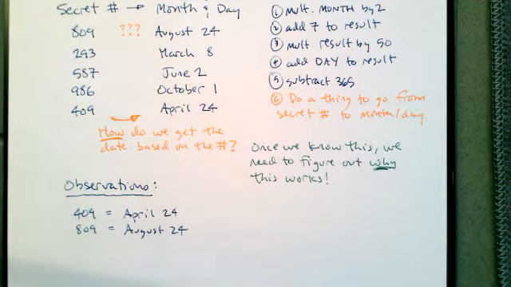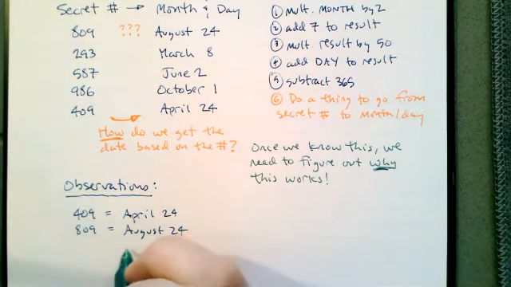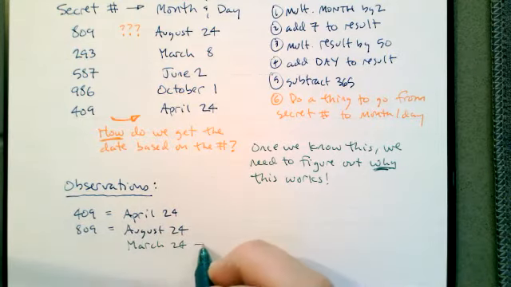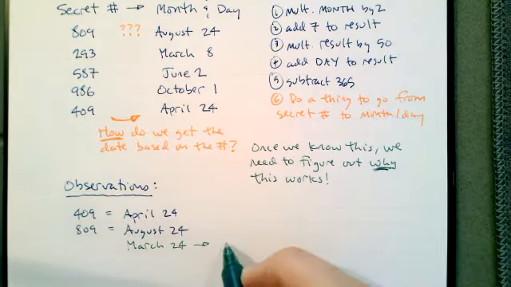Then a good way to test your speculation is to just pick a date that we haven't covered, run it through the process and see what we got. So maybe we try March 24 and see what that gives us.